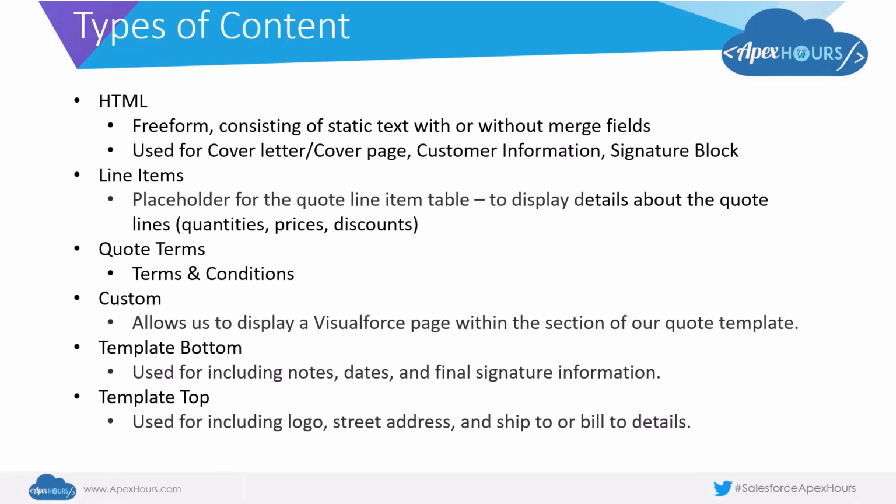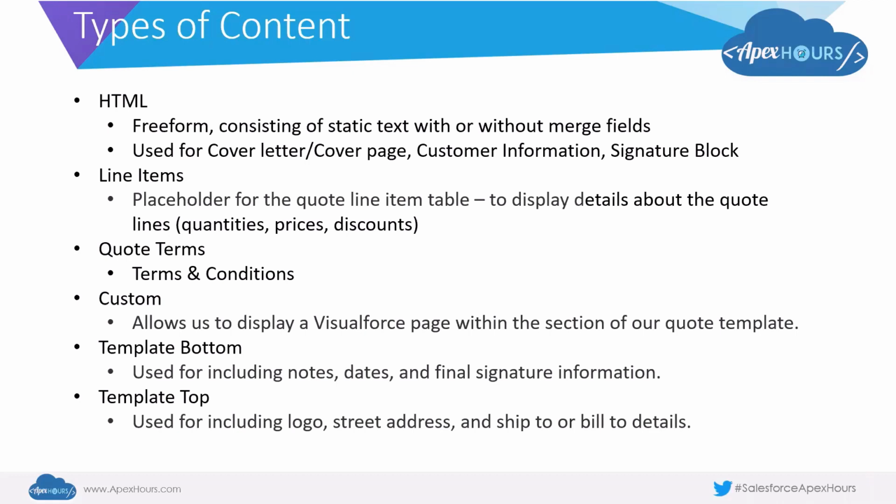So the first one is HTML, right? This is really free form content, almost like your Microsoft Word document with mail merge fields. You have static content, and then you have some merge fields to dynamically fold in information specific to the quote. A typical example here would be what we saw right now in our demo.